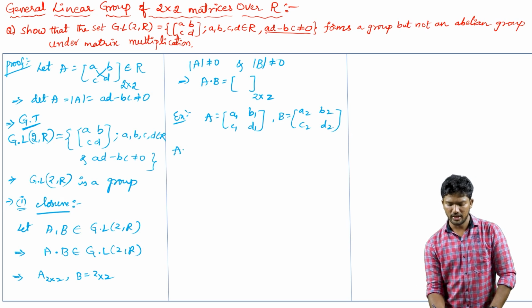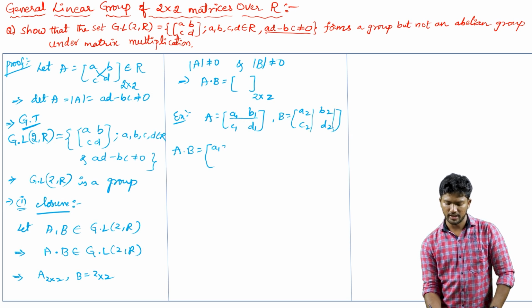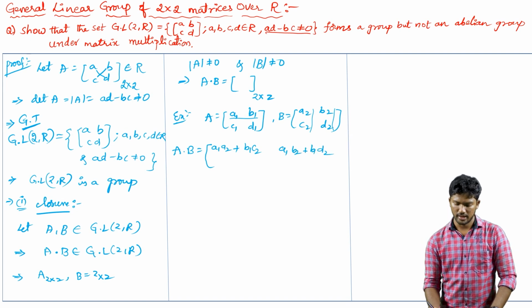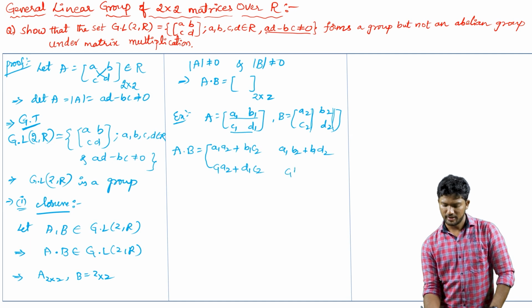Now A into B you can write as: first row with the two columns, you know very well matrix multiplication, a1 a2 plus b1 c2, next a1 b2 plus b1 d2. Now the second row with the two columns: c1 a2 plus d1 c2, c1 b2 plus d1 d2.